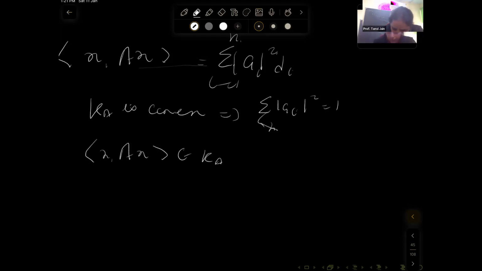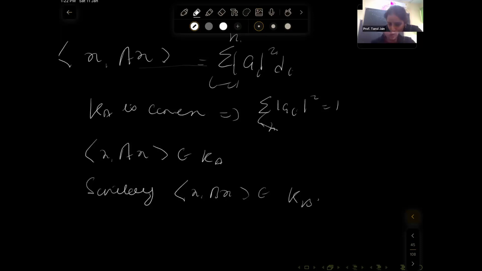Similarly, x comma Bx belongs to K_B. The same kind of argument, we don't need to repeat. Now, K_A and K_B are delta distance apart. What is the distance between two sets? It's the infimum of mod a minus b, where a belongs to K_A, b belongs to K_B.